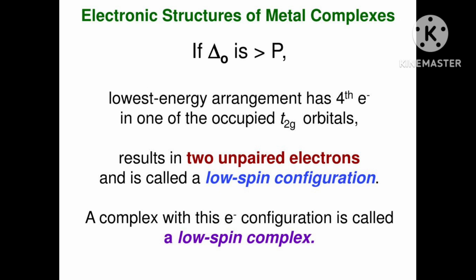The first example is the complex [Co(Cl)(NH3)5]2+. The wavelength of light it absorbs is 535 nanometer, and the color of the light absorbed is yellow.